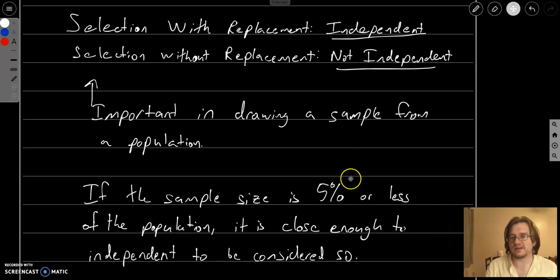There's so many Americans that if you pick one person, it really isn't going to affect the probability very much of picking anyone else. So provided that the sample size that you're picking is 5% or less of the entire population, it's so close to being independent, we can just call it independent.